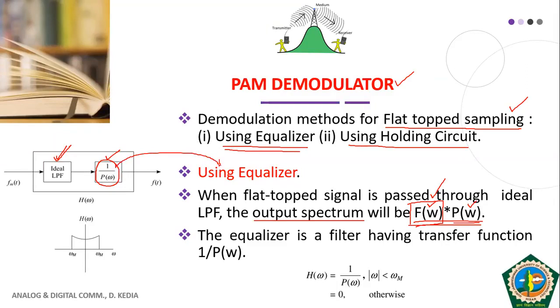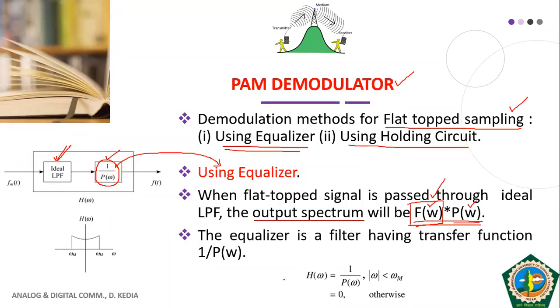Equalizer means which will equalize or remove the distortion that we have deliberately introduced. That distortion will be removed by having a block which provides a reverse transfer function of the original distortion.